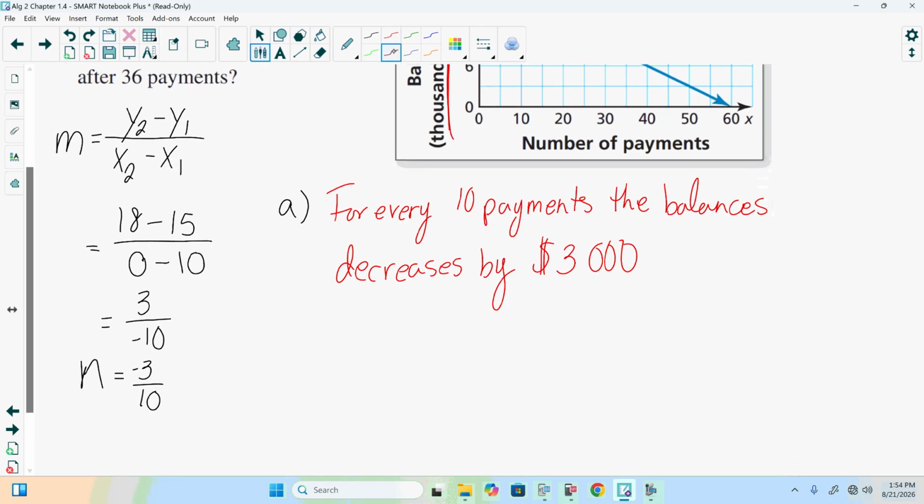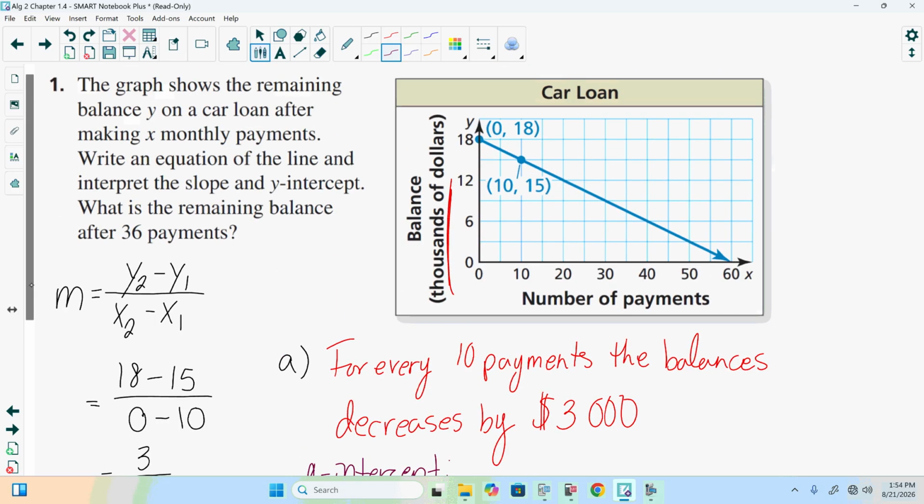Now we also have to describe the y-intercept. What is our y-intercept? The y value of the y-intercept is 18. The y-intercept itself is 0, 18. But what does that tell us? X would be the number of payments.